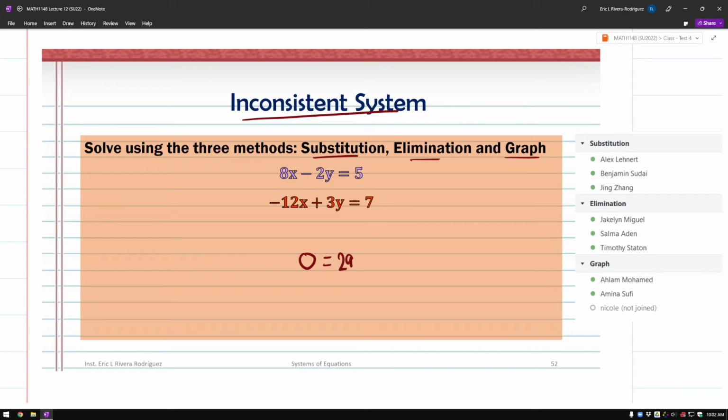Okay, let's move to the graph group. Mohammed, Amina, what did you find? Okay, the graph did not intersect.